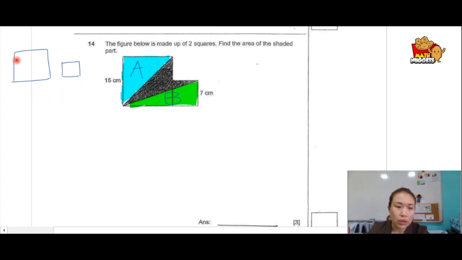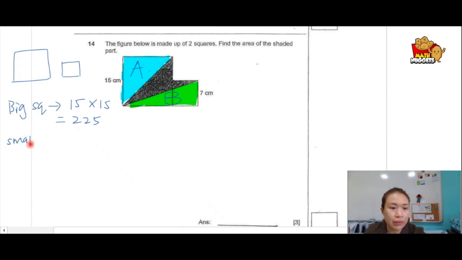Alright? So first, area of the big square, 15 times 15, 225. Next, area of the small square, 7 times 7, 49.